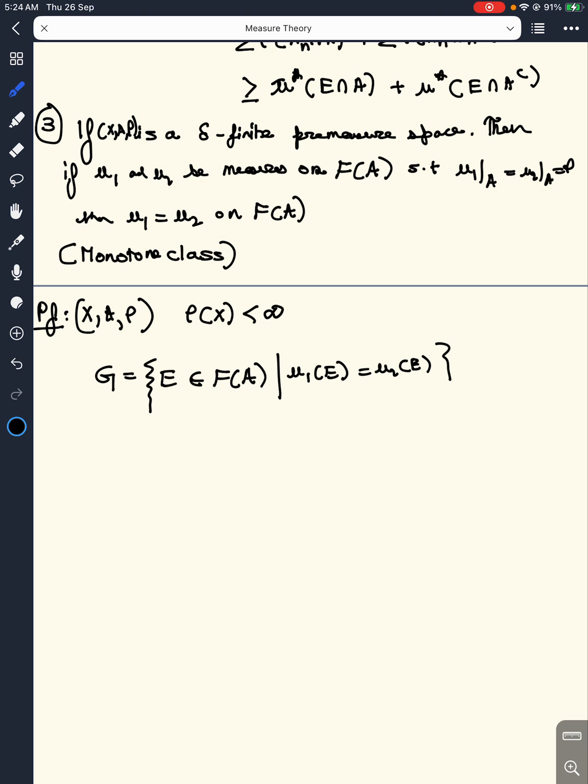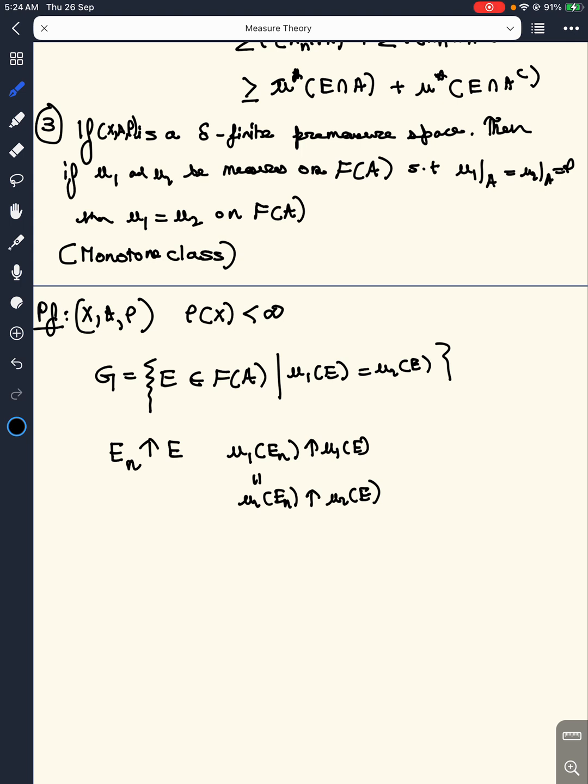Secondly, if E_n increase up to E, then by continuity from below, mu1 E_n increases to mu1 E, which is equal to mu2 E_n, which increases up to mu2 E. So mu1 E is equal to mu2 E. So for increasing chains, the limit is in here.